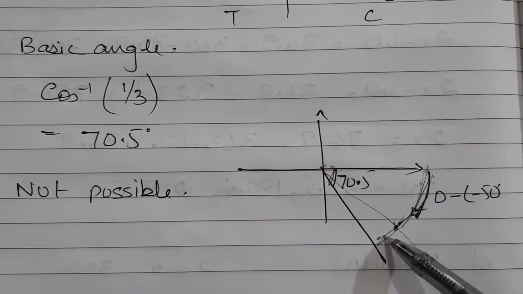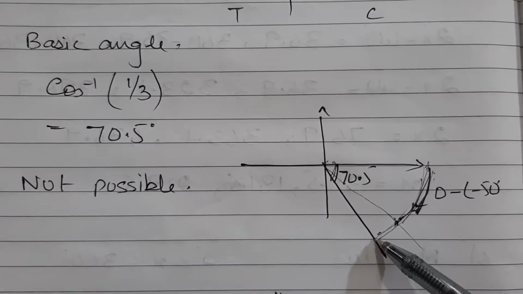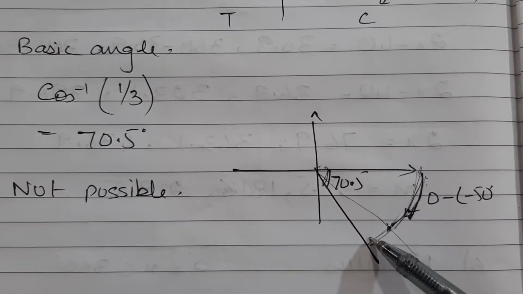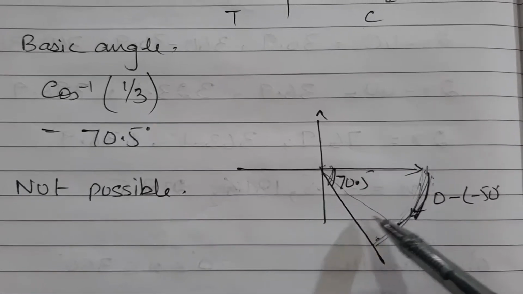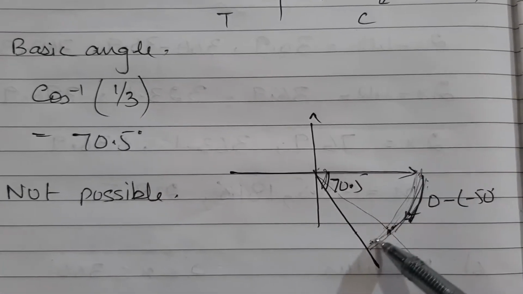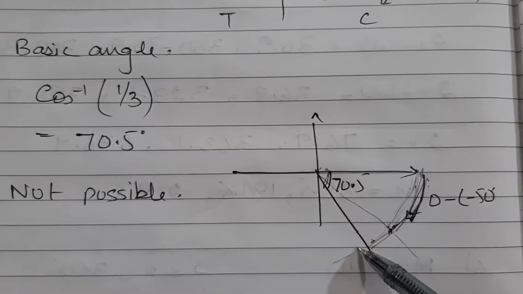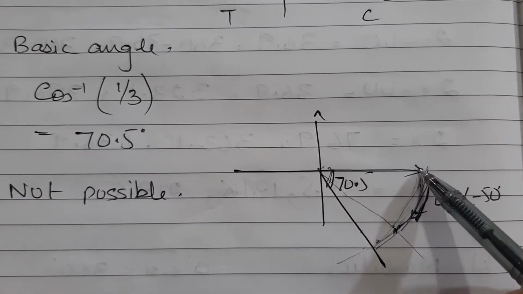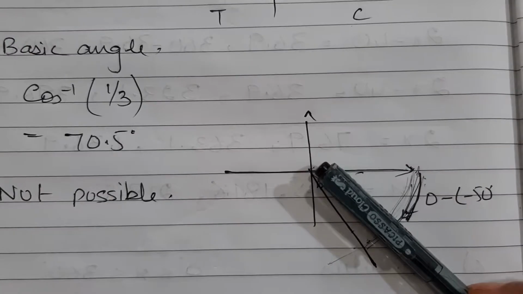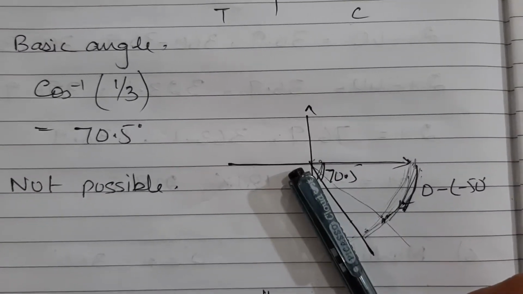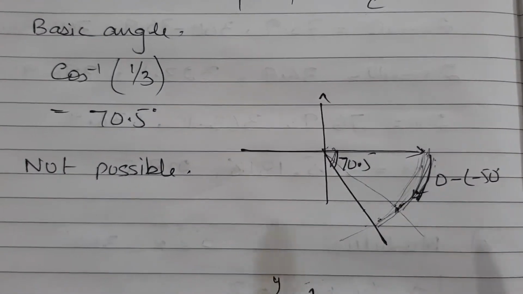I will not be able to reach 70.5 degrees, and that's why there is no answer in this direction. Make sense? Because if you cross this or reach till here, then it will be one of your answers. But you are rotating only from 0 to 50, whereas your basic angle was at 70. So this is gone.